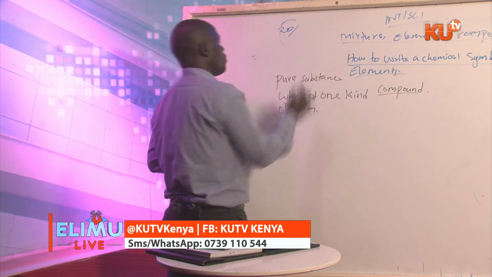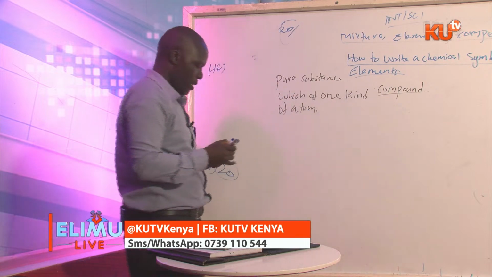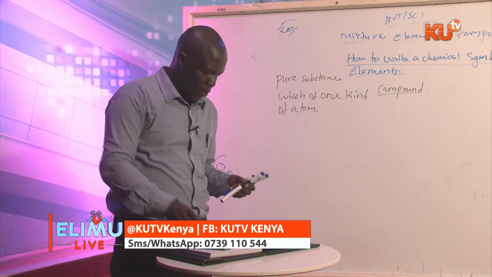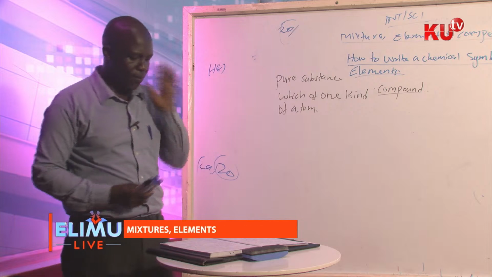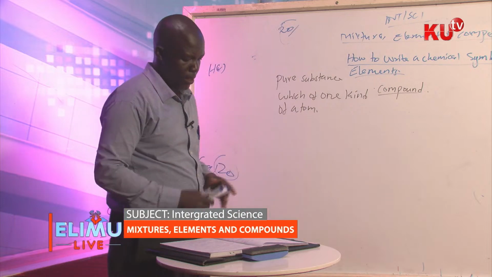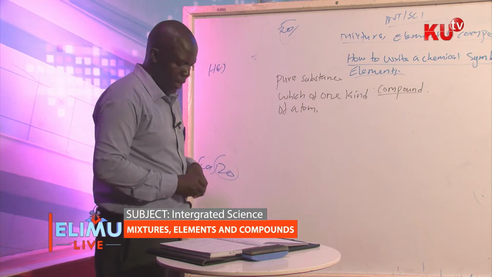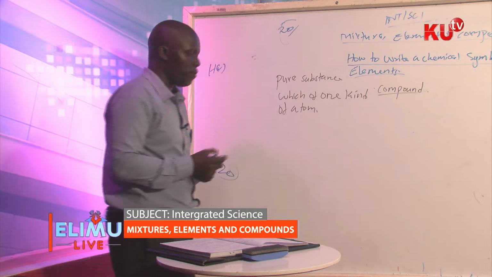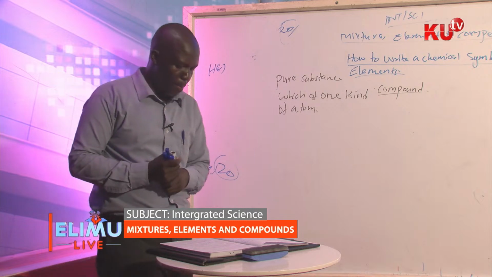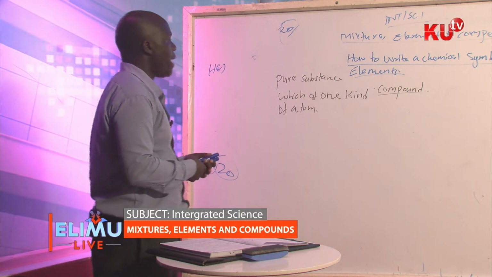So what about compounds? Can we say compounds are also pure? For the compound, we can say compounds are substances which are made up of two or more elements chemically combined together.